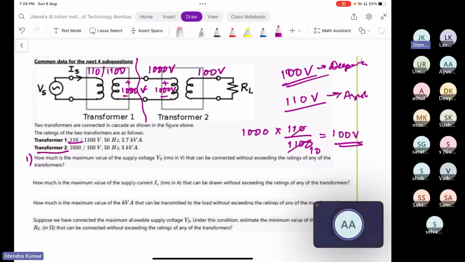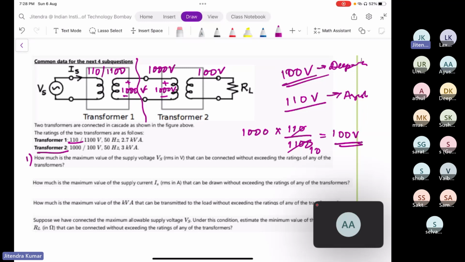And this 1000 volt is reflected on the secondary of transformer 1, since both of them are in parallel, both windings. But sir, in the transformer there was 1100 volt as the secondary voltage. That is the ratio of turns and that is the rating, but we should not violate the rating.